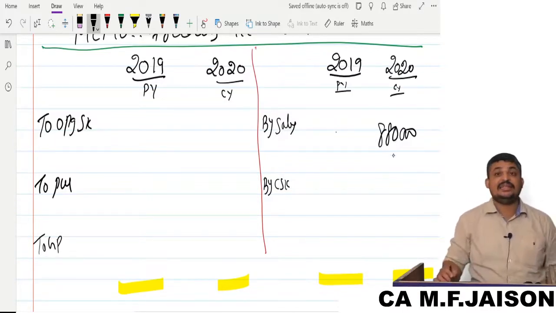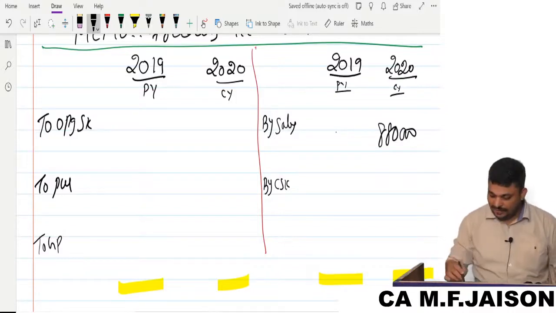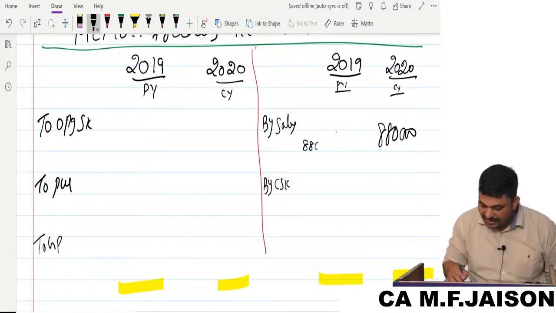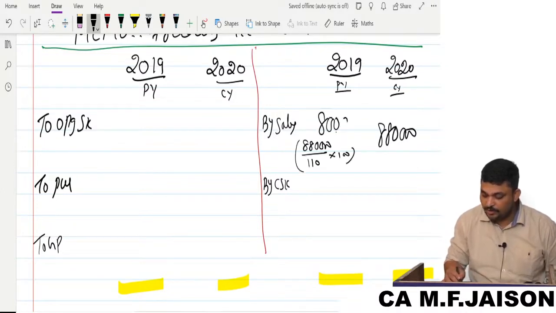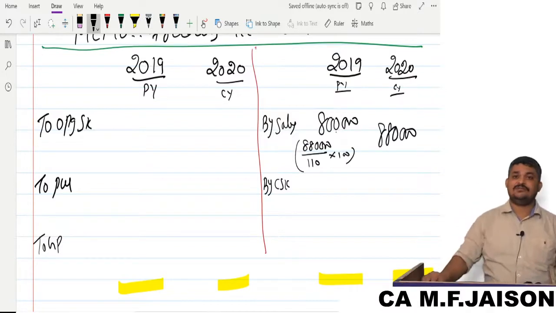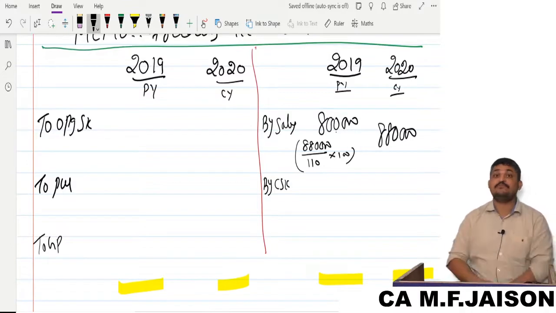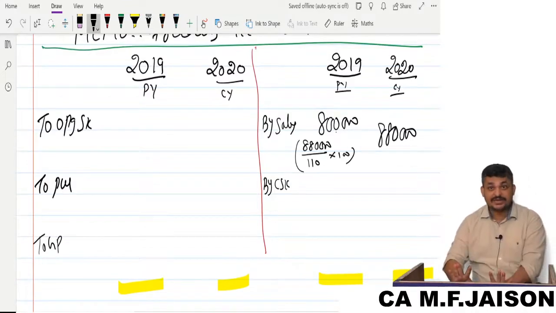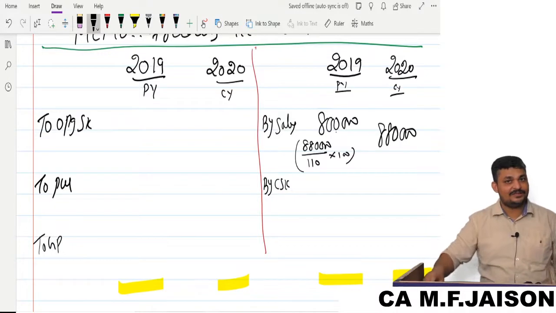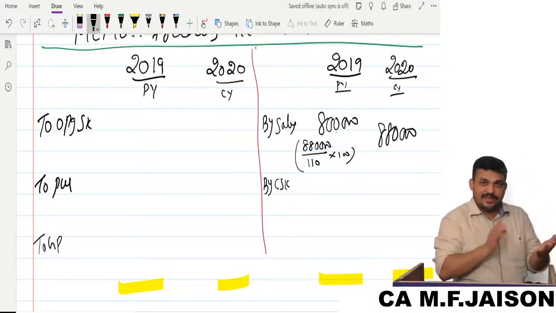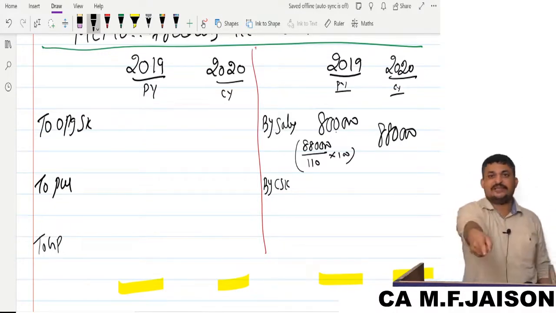But this 8,80,000 represents 110. So you can easily calculate 8,80,000 divided by 110 into 100, which gives 8 lakhs. Is it sales of 20 or 19? 20, but at 19 price. Both represent the same quantity, but two different price levels. Correct? So you should not check the question and say, sir, 19 order sales is 6 lakhs.